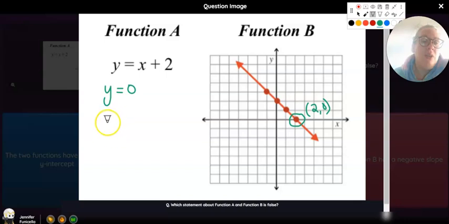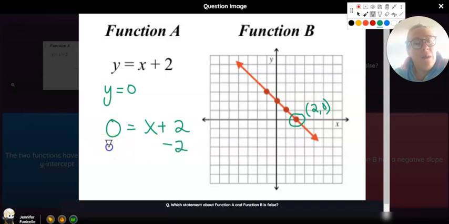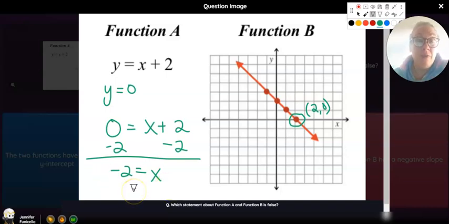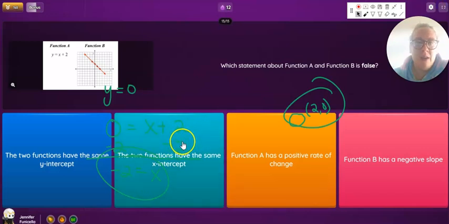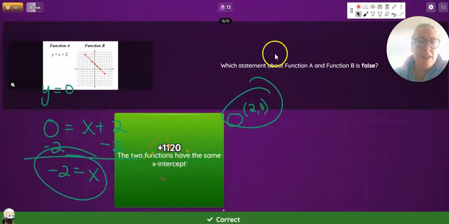So if we plug in 0, and get x plus 2. To solve for this x-intercept, we would subtract 2 from both sides and get an x-intercept of -2 for function A, which means these are not the same. We have 2 and a -2, so there's our false statement, that they have the same x-intercept.